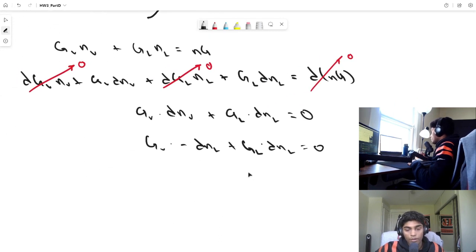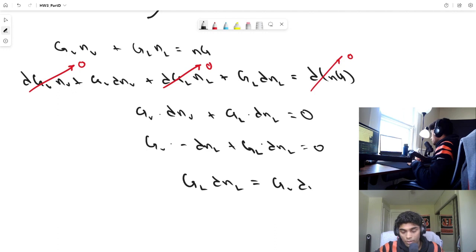So if we multiply that negative through and move it to the other side, we get GL dNL is equal to GV dNL. And we can cross out these differentials now.